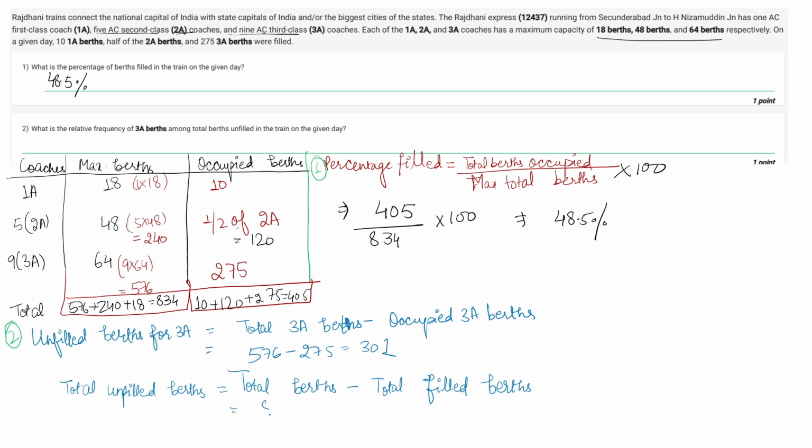So this will be 834 minus 405, which is 429.